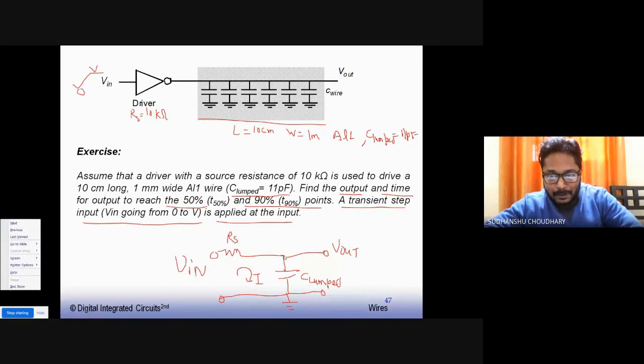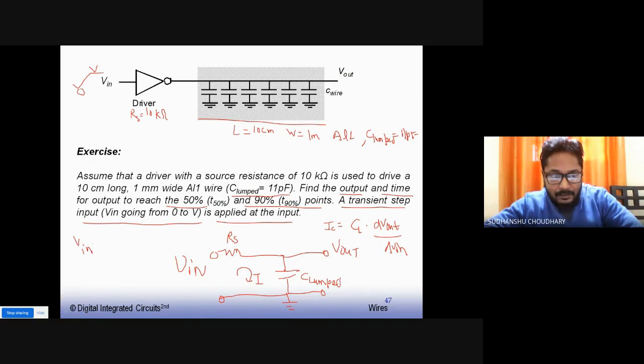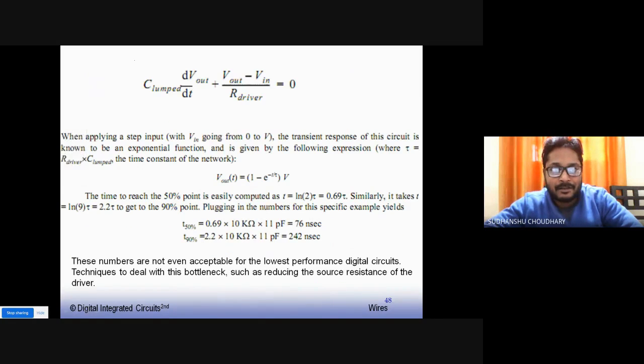So that is V in minus V out by RS plus this is C dV out by dt, right? The current through C is C lump dV out by dt, and this can be added to V in minus V out by RS. Plus IC, that is equal to 0, right?